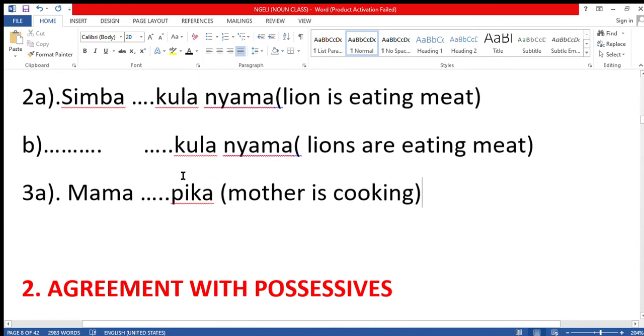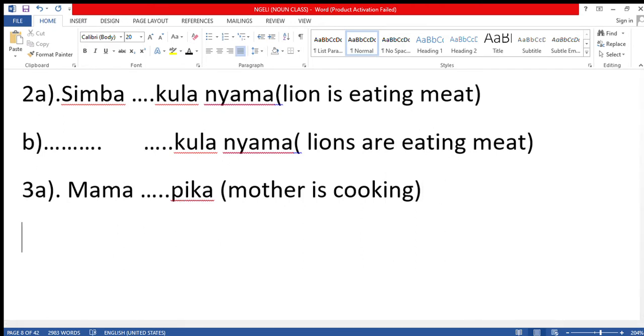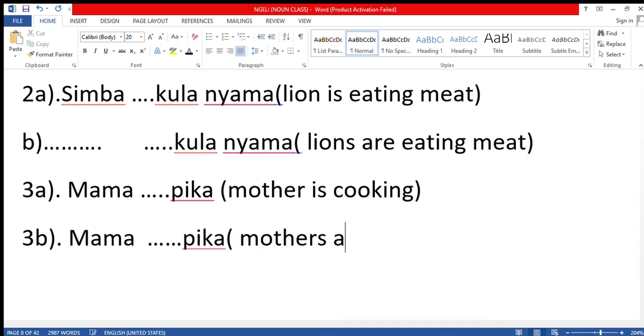So here is mama dash pika. Sawa. So in plural form, I'll complete this for you. Just one part. It will be mama pika. Mothers are cooking.